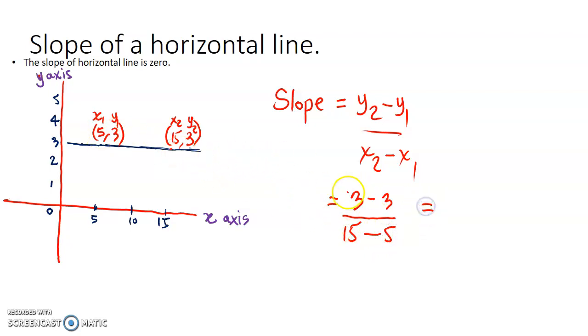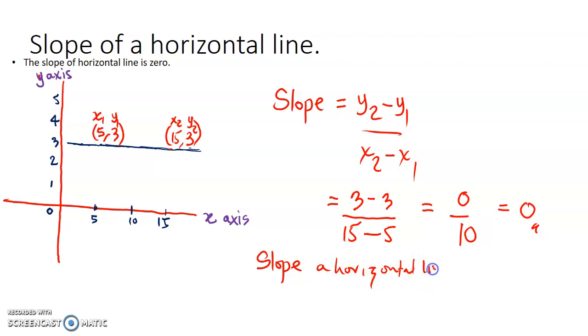So at the end of the day, I'm going to get 0 here as my numerator, and my denominator, I'm going to have 10. So 0 divided by 10, this is going to give me 0. So the slope of a horizontal line is 0.